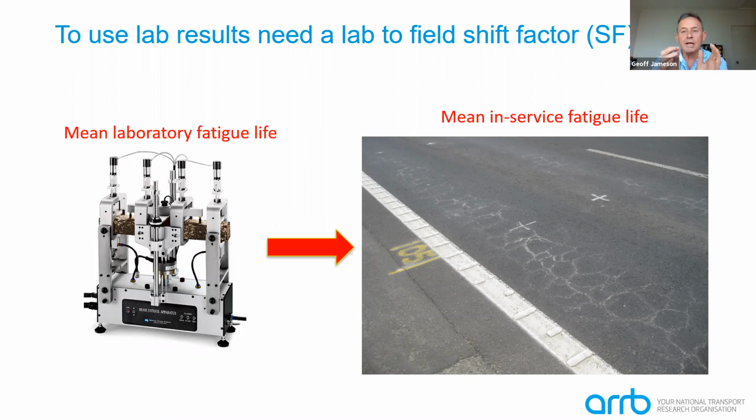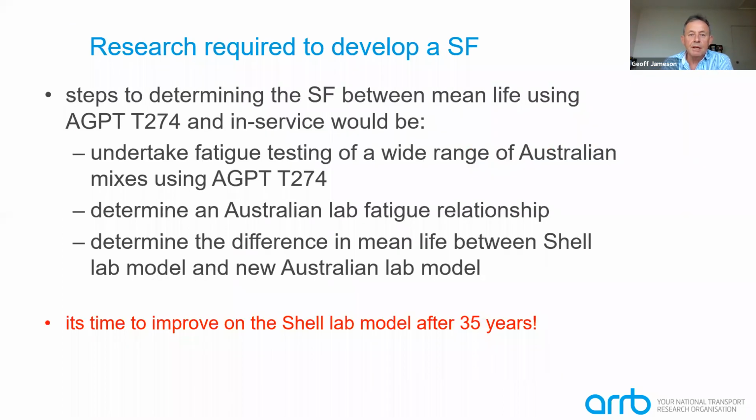In the case where we actually measure the fatigue properties of asphalt mixes in Australia today, that shift factor of 6 doesn't necessarily apply. And so we need to come up with an appropriate shift factor between measured values rather than using a presumptive fatigue relationship.